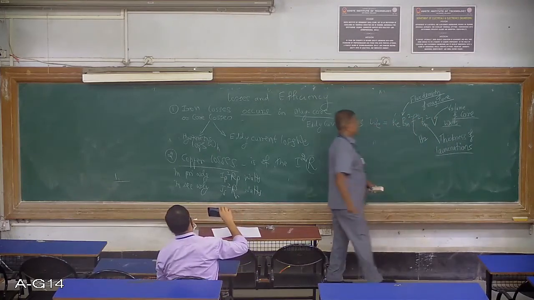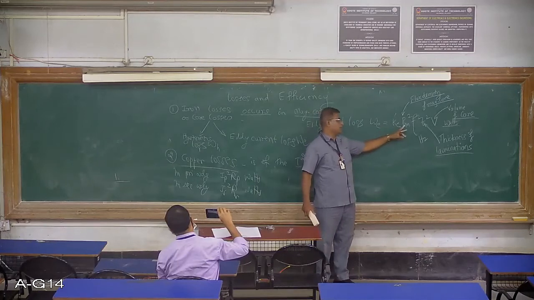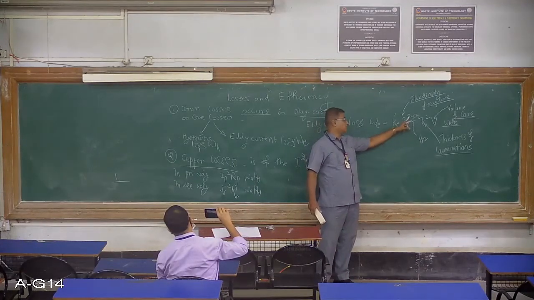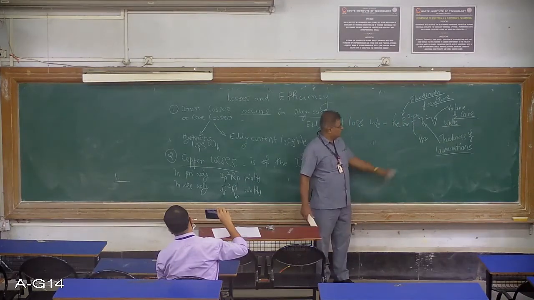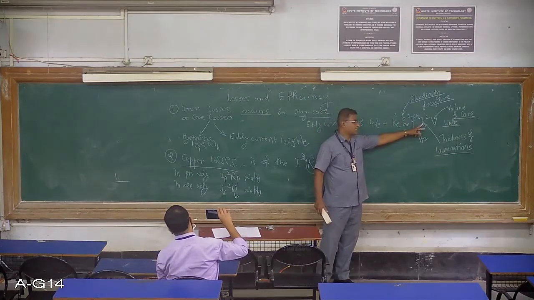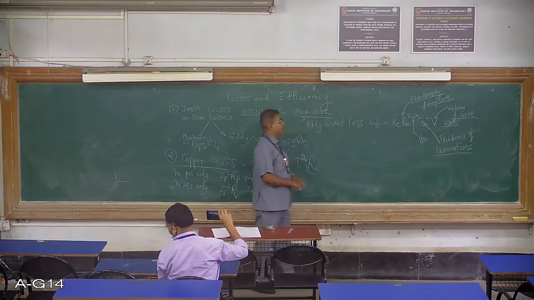So what information you gather from this is, eddy current loss is proportional to the square of the flux density and the square of the frequency. And it is proportional to thickness. The smaller the thickness, the less will be the eddy current loss.